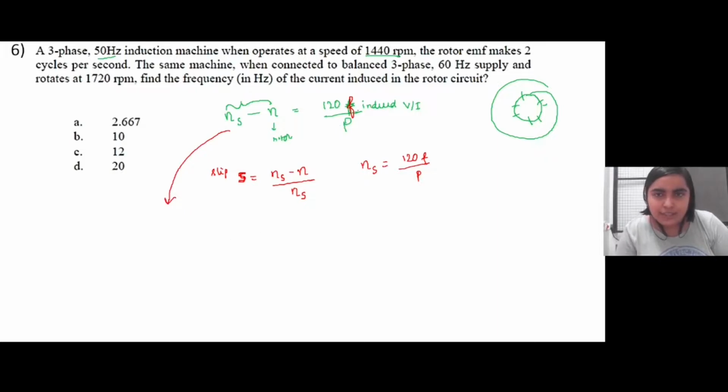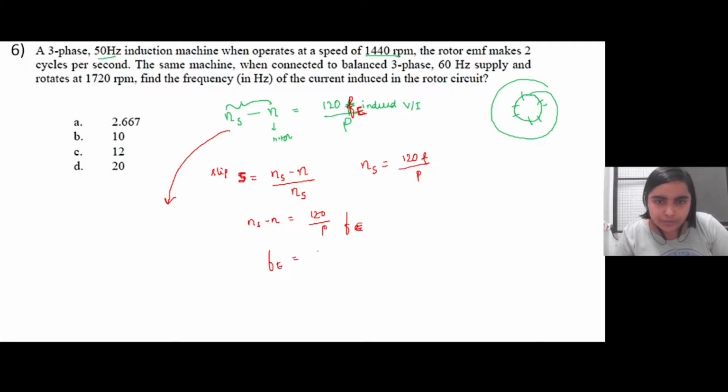Let us denote the frequency by fe. So Ns minus N equals 120 by p times fe, where fe is the frequency of the induced EMF or voltage. So let us take the rest of the terms on the other side.